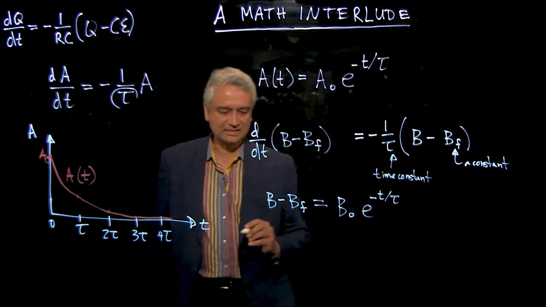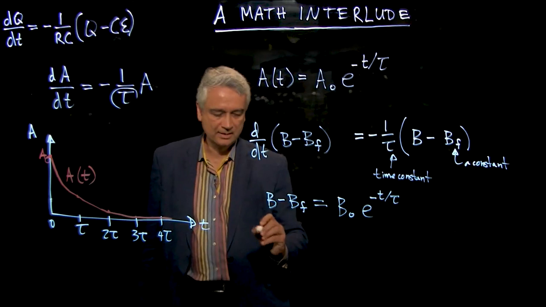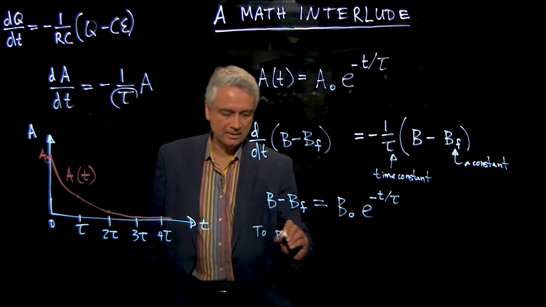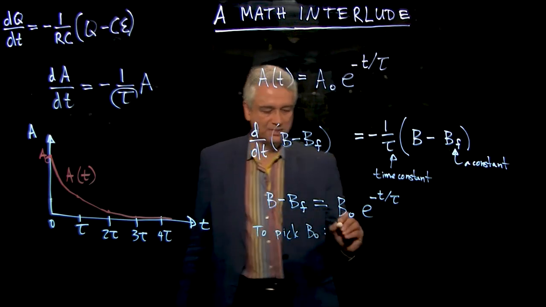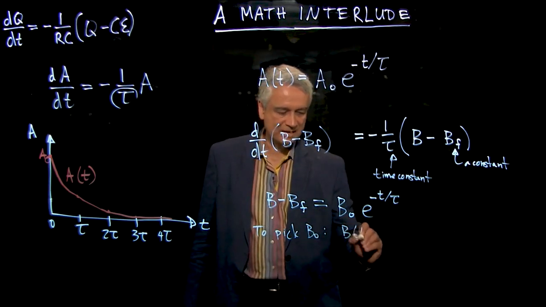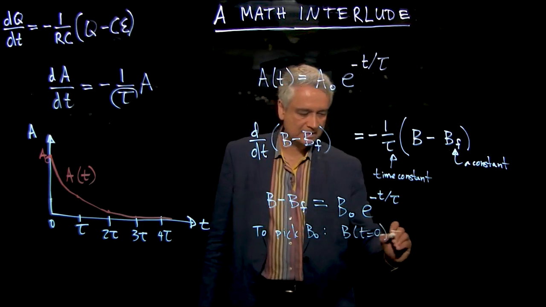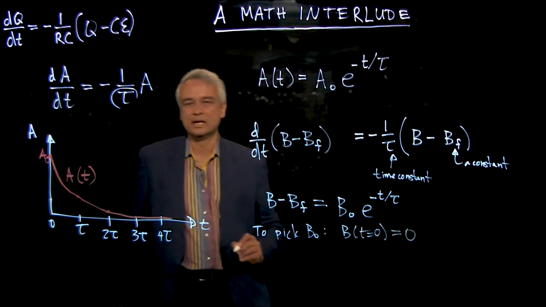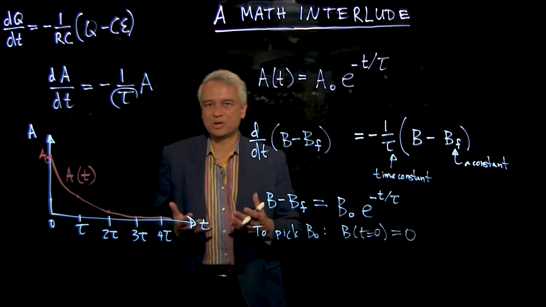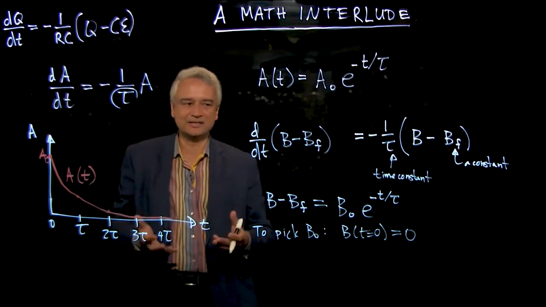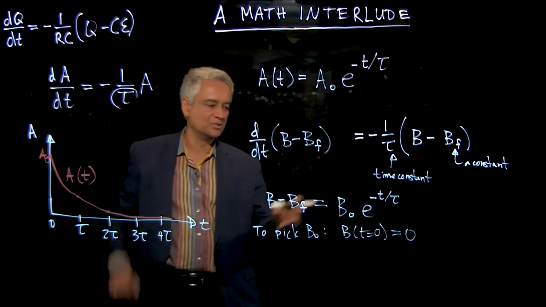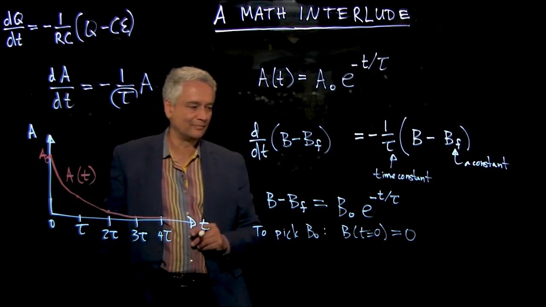I pick b0 by making sure that b at time t equals 0 is 0. Because the physics problem that I'm solving was charging a capacitor, the Q on the capacitor started out at 0. B is going to be Q, so B had better start out at 0.